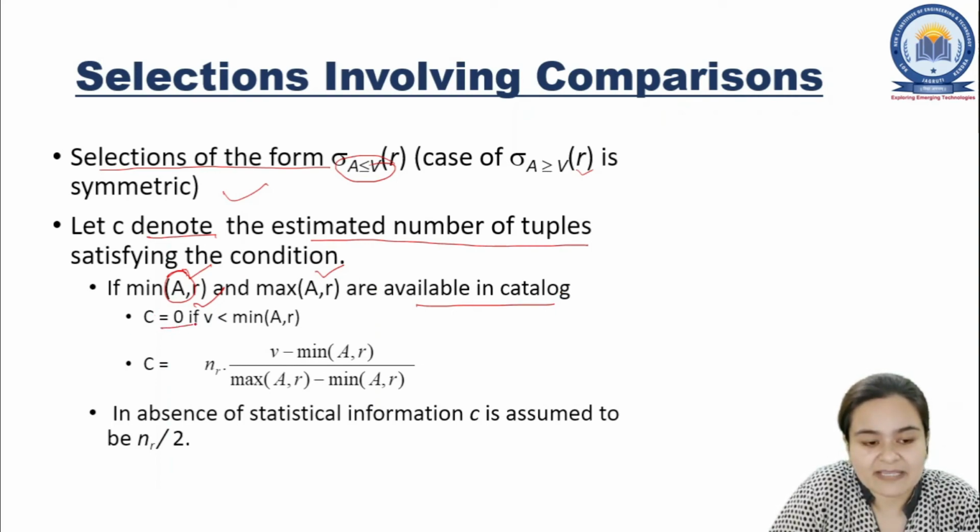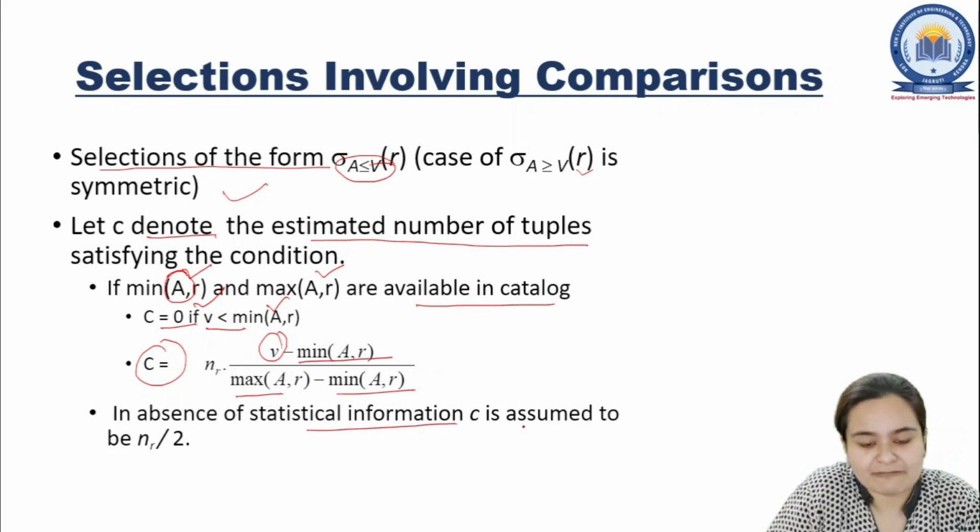So C will be 0 if V is less than the minimum of A comma R. Otherwise, C is computed as V minus the minimum of A comma R, divided by the difference between the maximum and minimum, times the number of tuples. In the absence of statistical information, C is assumed to be the number of tuples in R divided by 2.